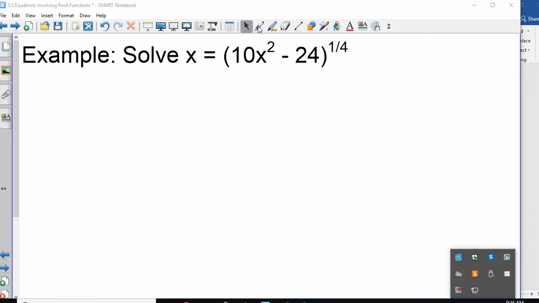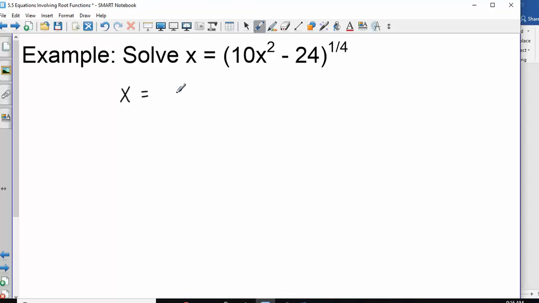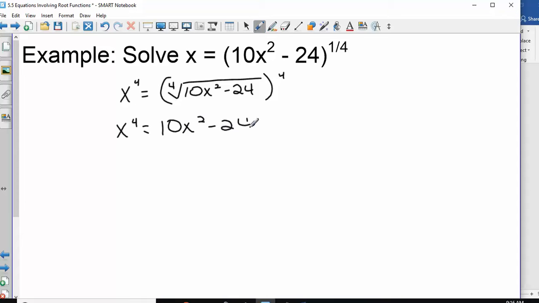When I see a 1/4 power, that is the same as a fourth root. So how do you get rid of a fourth root? Take each side to the fourth power. So you get x to the fourth equals 10x squared minus 24. Bring everything over.